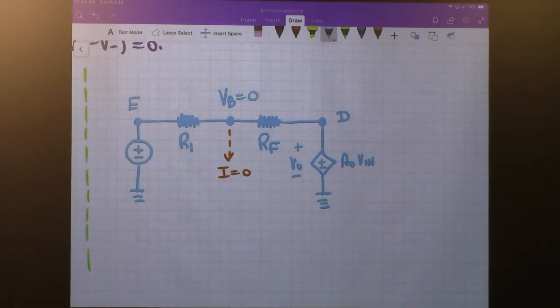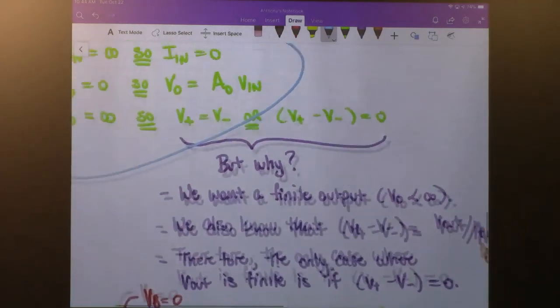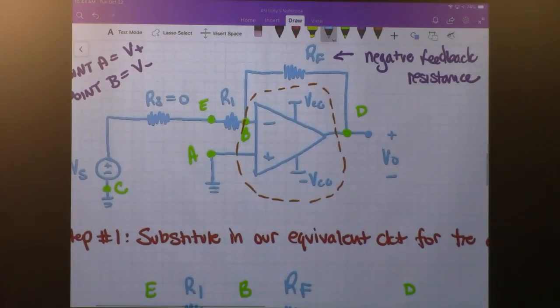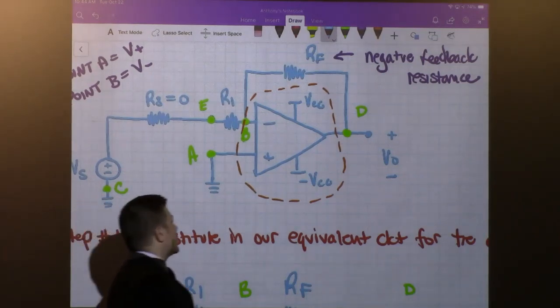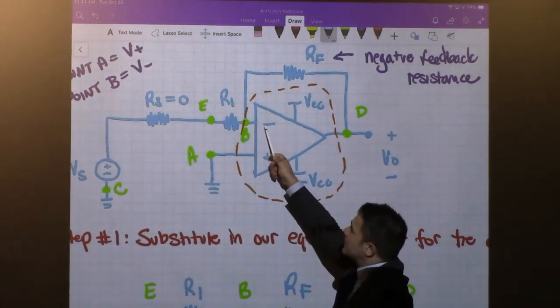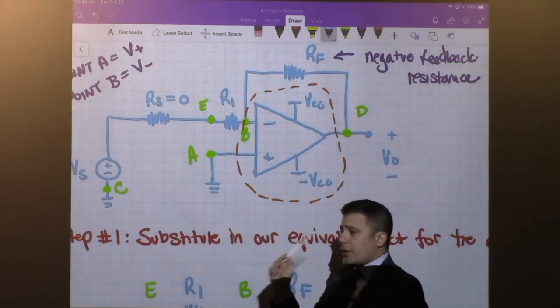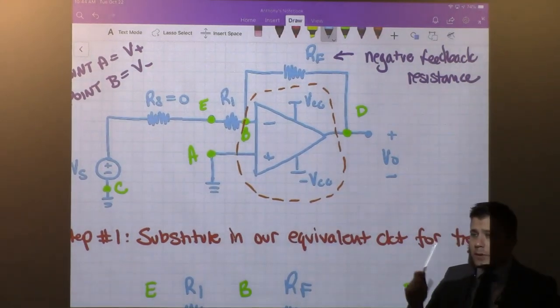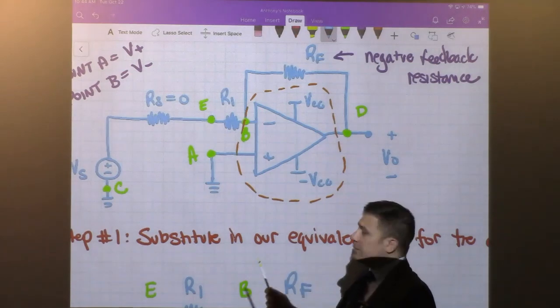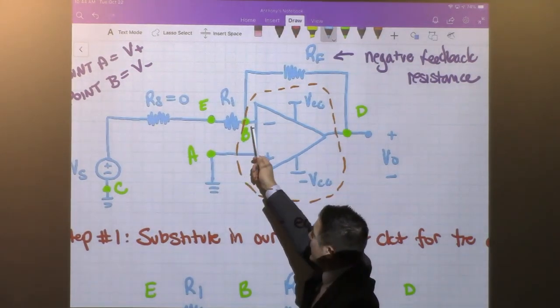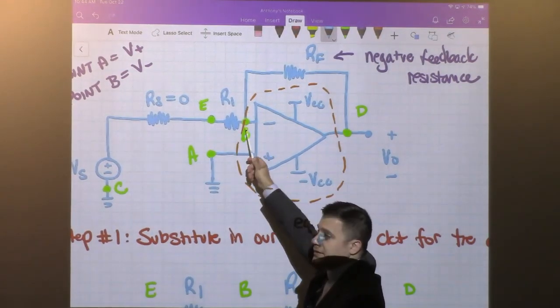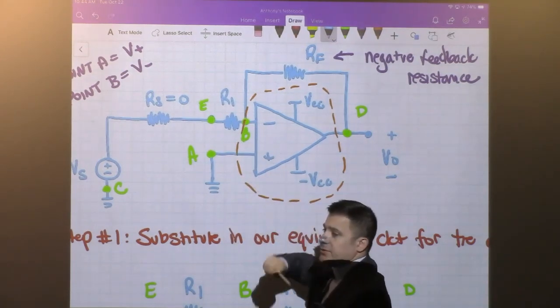Yes? So VB is 0, going all the way back up here. I'm just going to do it on this side since the video is watching this side. So VB is the same as V minus. VA is the same as V plus. The third assumption tells us that V plus minus V minus equals 0, or V plus and V minus are at the same potential.